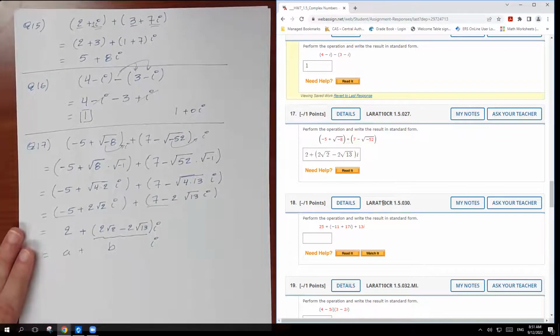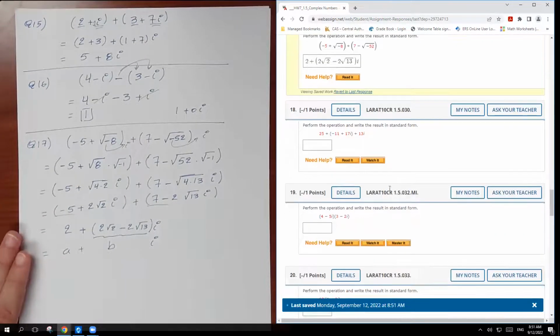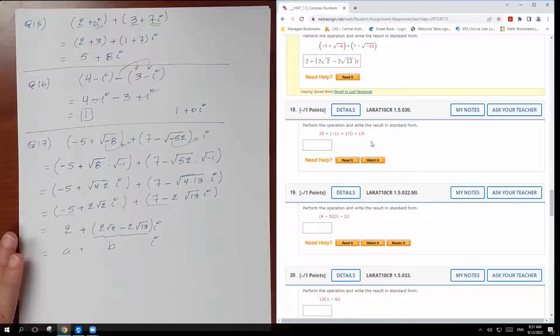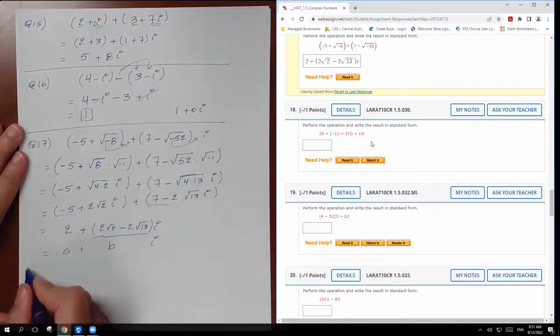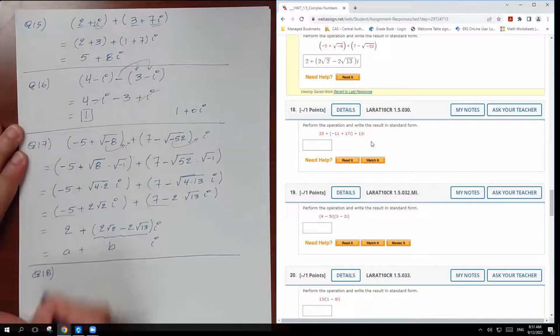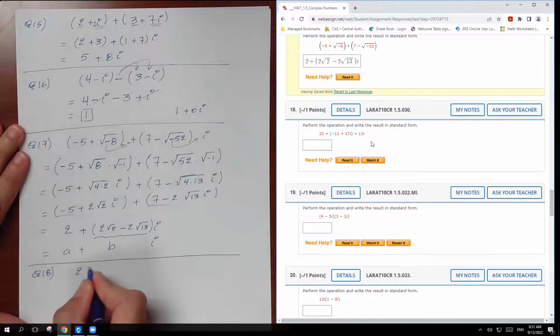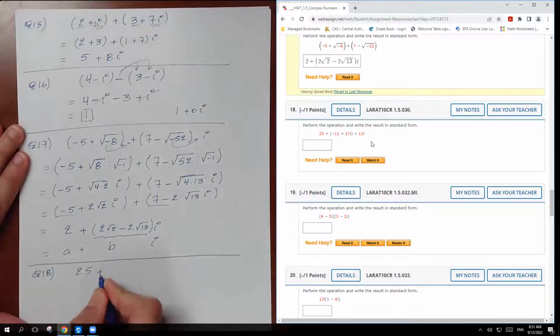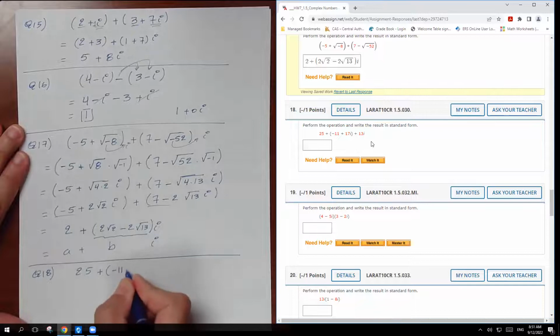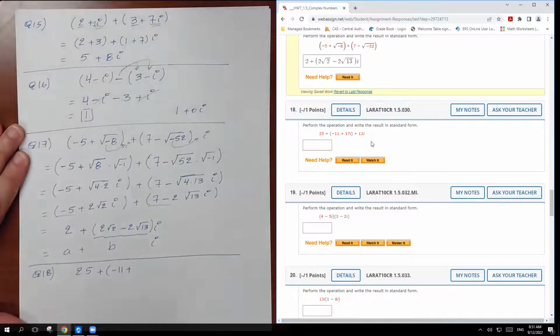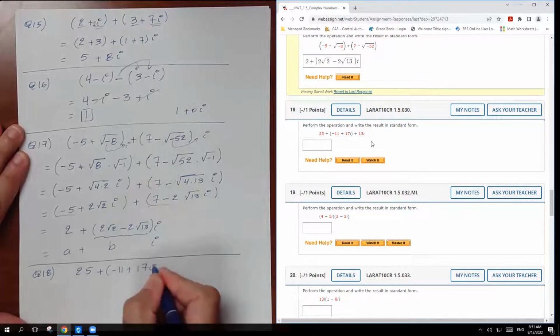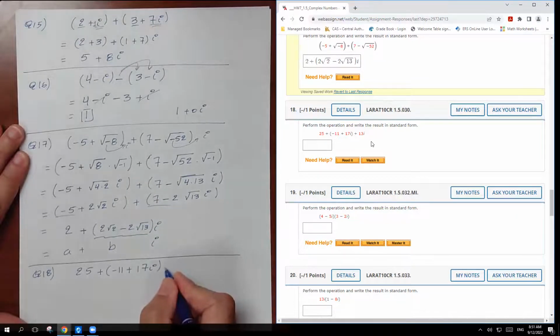Question 18. We're going to do exactly the same thing here. Add the real parts and add the imaginary parts. So question 18, we have 25 plus, we have negative 11 plus 17i and plus 13i.